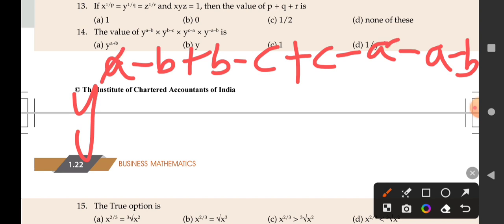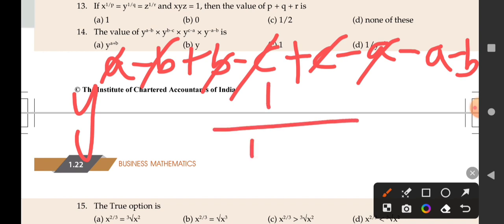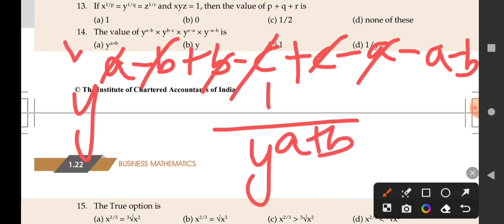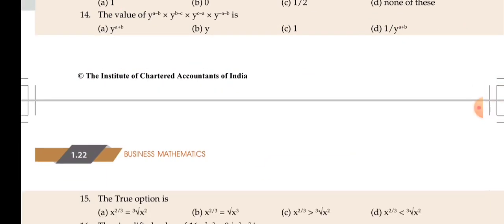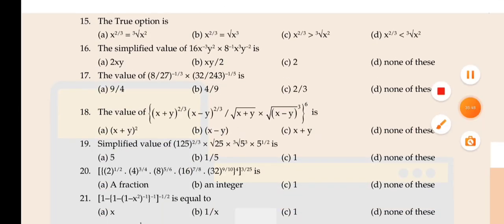So a minus b minus c plus c. So what do we have? 1 divided by y power a plus b. Option number A. Sorry, not A because it is in the numerator. We have option number D. Option number D. Question number 15.